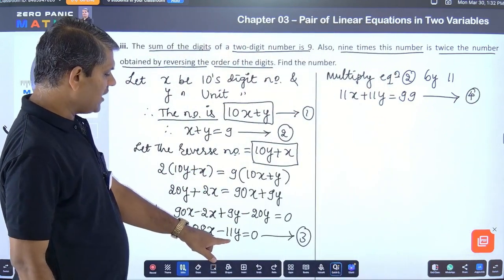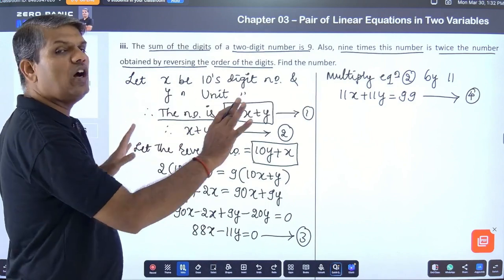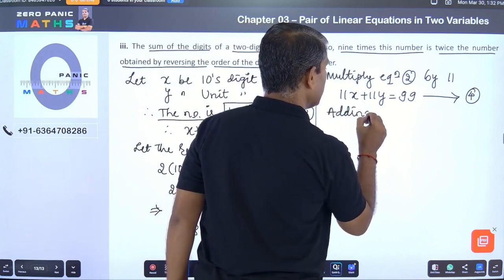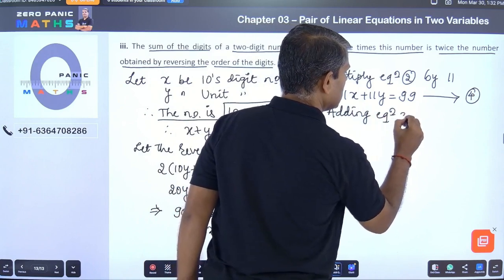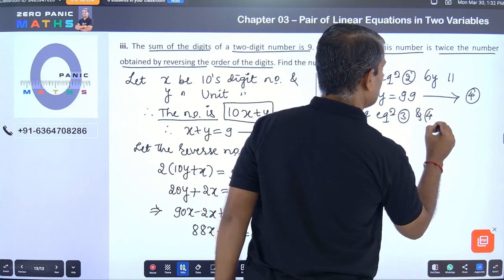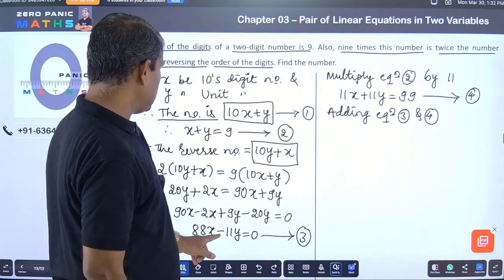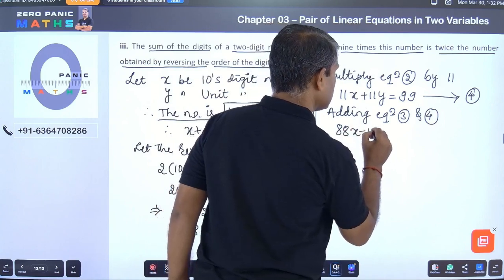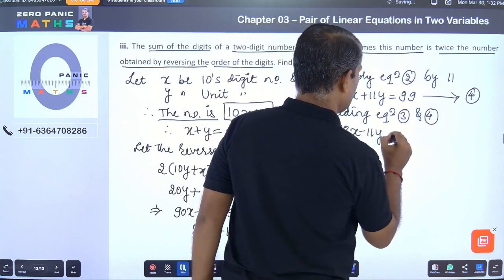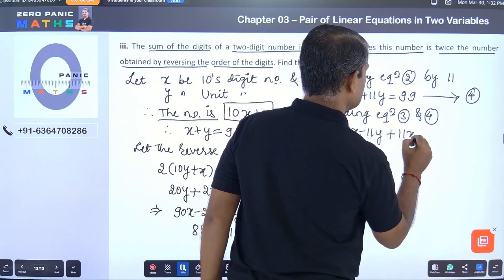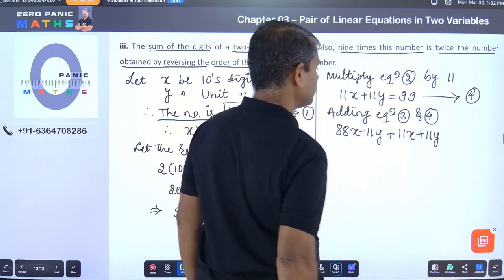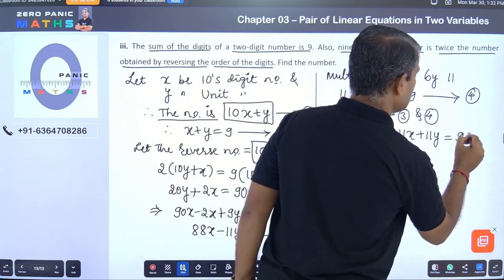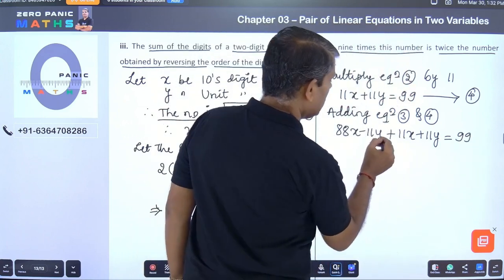Now I have minus 11y here, plus 11y here, so add both. Adding equation 3 and 4: 88x minus 11y plus 11x plus 11y is equal to 0 plus 99, that is 99.